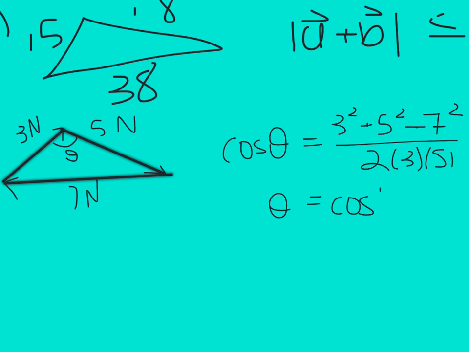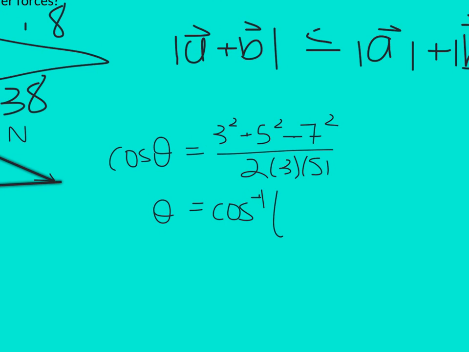So we're going to be taking the inverse cosine of 9 plus 25 minus 49. And you should be able to gather from our diagram that we should be looking for an obtuse angle here, which I can already see is making sense because the numerator is going to be negative, and a negative ratio will give me an obtuse angle for cosine. 2 times 3 times 5, so over 30.